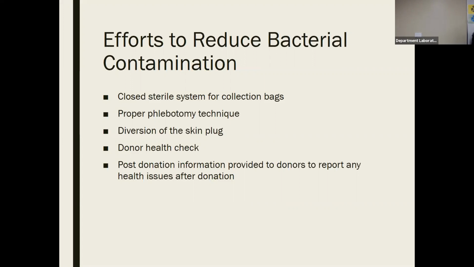So there's mechanisms in place. You can contact the donor facility. They'll pull your unit. It won't even go into inventory, all right? That's why we give the common population that education material to let them know that they have that option. Most people probably wouldn't think to do that though.